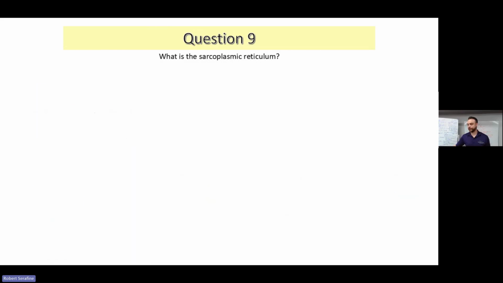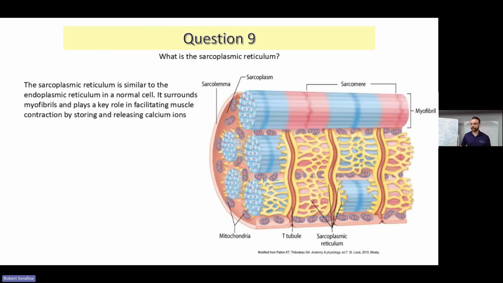So hopefully that paints a good picture for you guys. Another structure we take a look at in regards to the individual muscle fiber is the sarcoplasmic reticulum. Again, very similar to the endoplasmic reticulum of a normal cell.